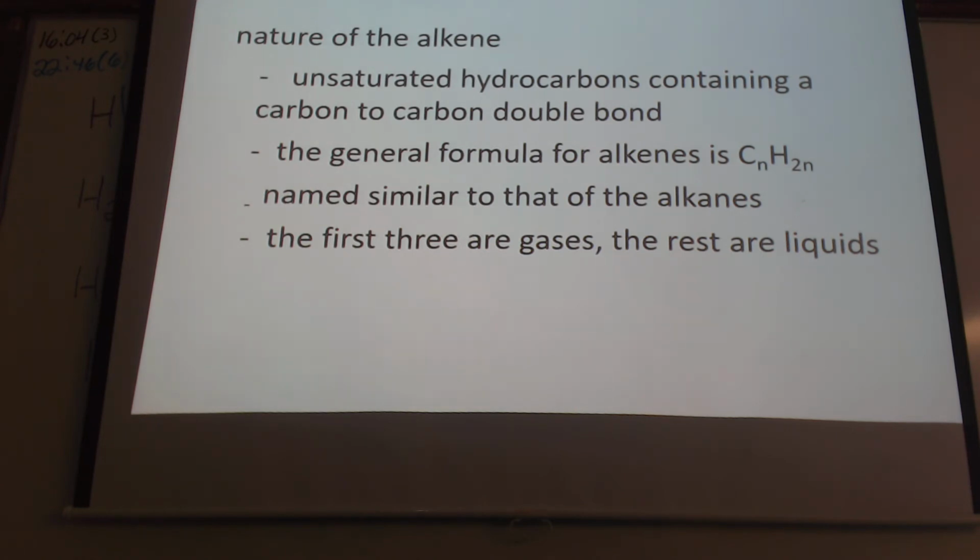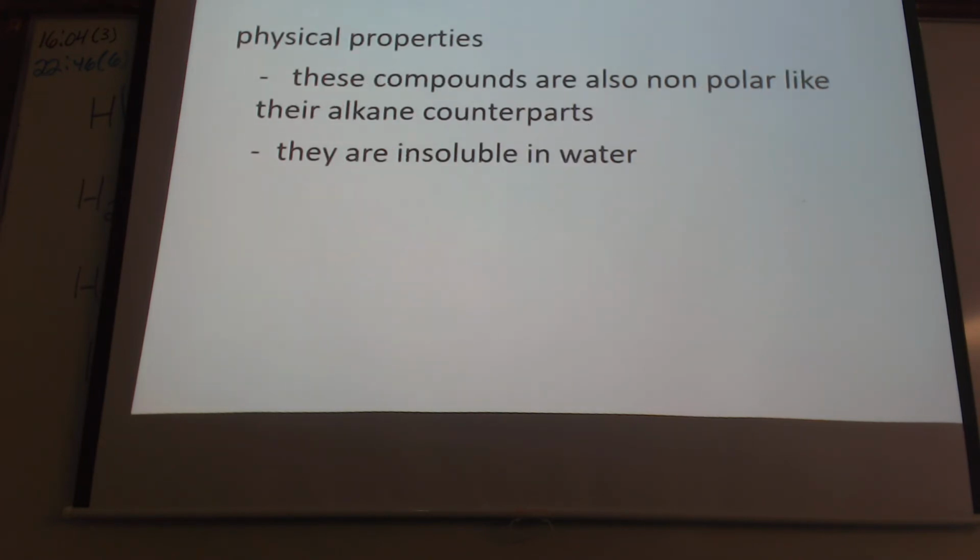So there are some similarities. This is just slightly different. The naming's similar, the formula is different, and of course these are unsaturated as opposed to their alkane counterparts. These are also insoluble in water. One of the aspects we were talking about, but I didn't have it recording, is that back when all these compounds were being discovered, some of them were boiled and then distilled.